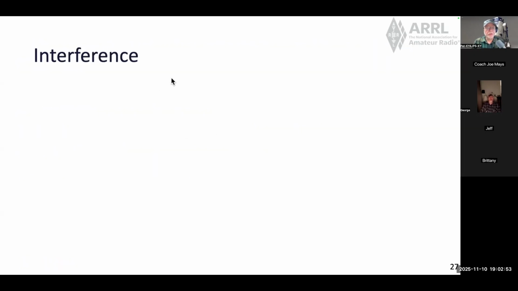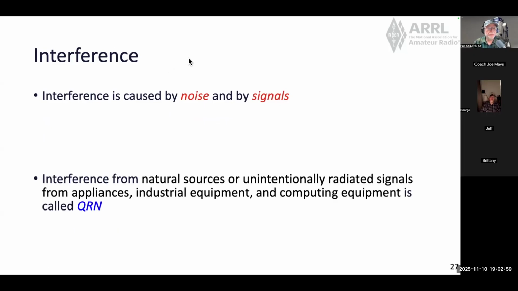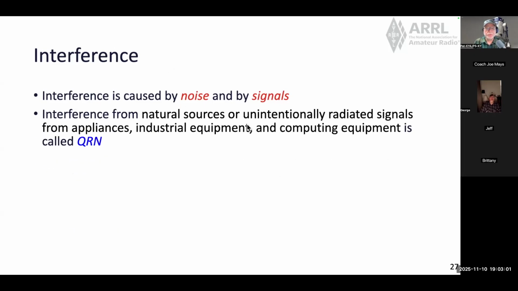All right, let's talk a little bit about interference. Interference is caused by noise and by radio signals. Interference from natural sources or unintentionally radiated signals from appliances, industrial equipment, or computing equipment is called QRN.